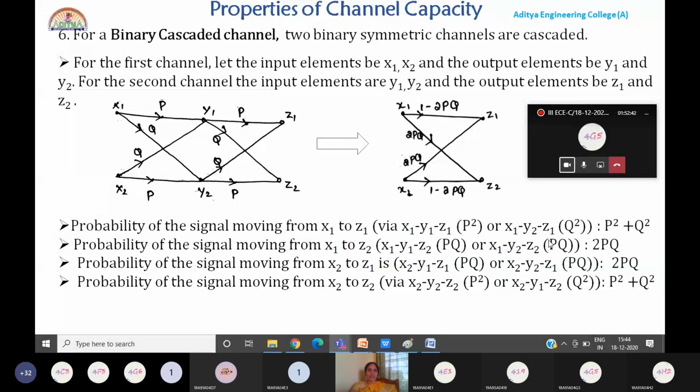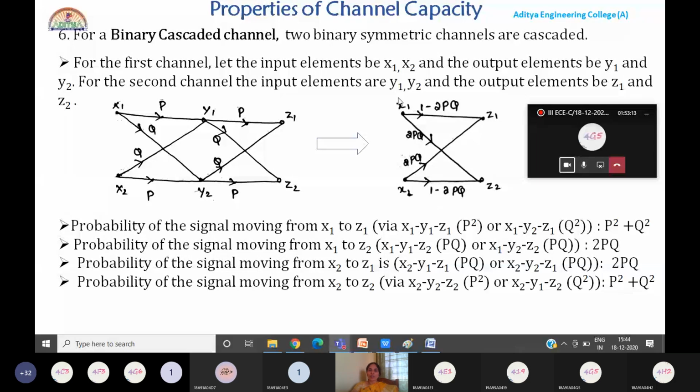Now, please remember, what is the probability of x1 moving towards z2? x1 moving towards z2 is 2pq and x2 moving towards z1 is 2pq, the opposite way of moving. But in the forward direction, for x1 z1 and x2 z2, we have written 1 minus 2pq, because there exists a relation between p and q.